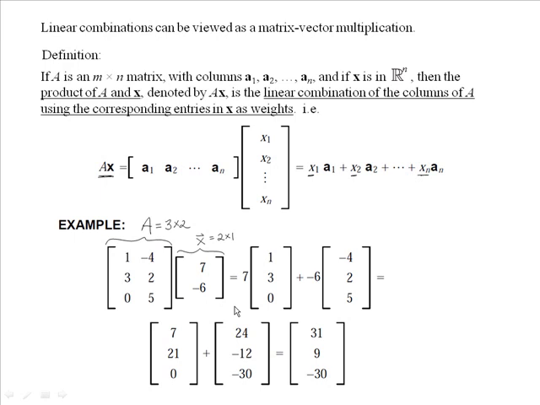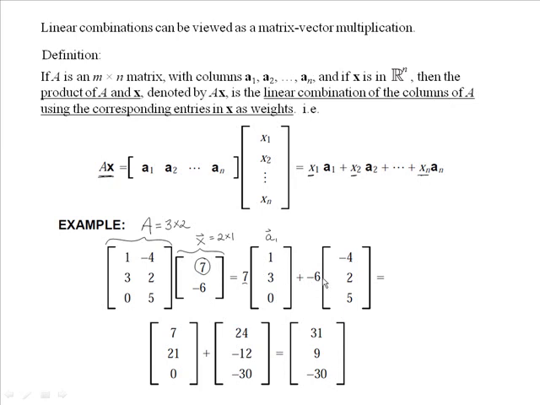So our linear combination would then be to take each entry of X and multiply it by the corresponding column. So this is the first column of A multiplied by the first entry in our vector X. So we have 7 times the first column of A, which we'll call A1.